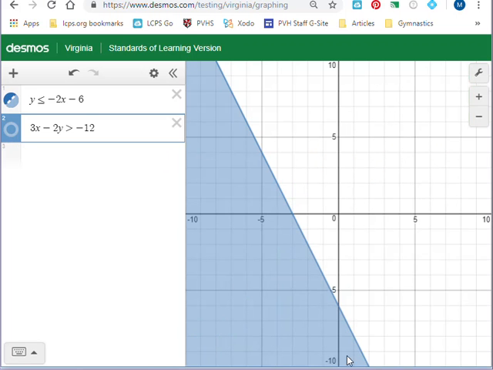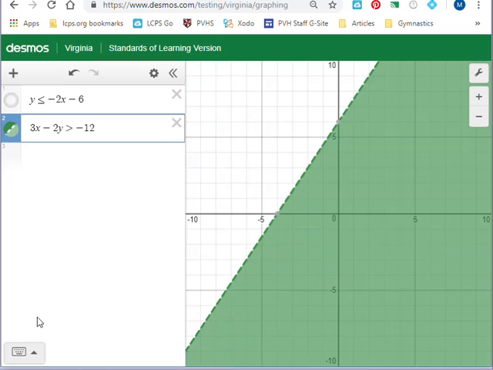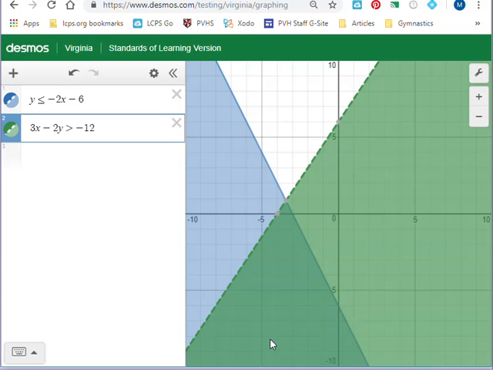So this was our graph for the blue inequality, which was the first inequality. This is the graph for our second inequality. The solution to our system is going to be this area that is covered by both the blue shading and the green shading. That's what I mean by double shading.